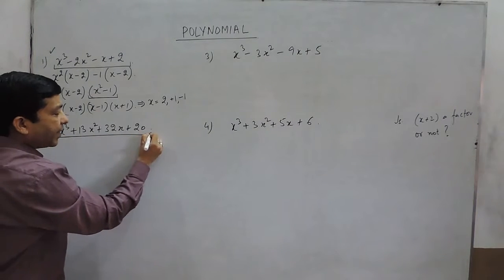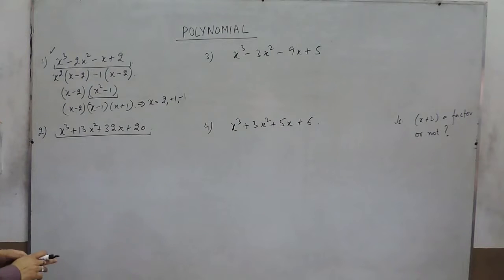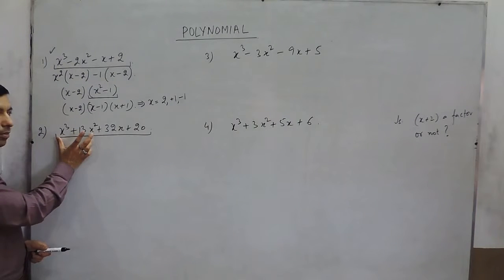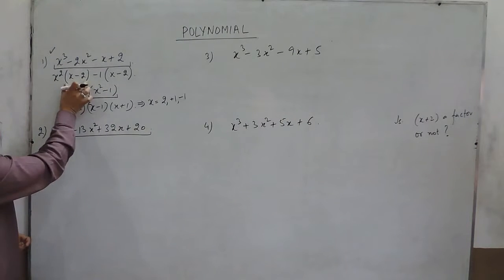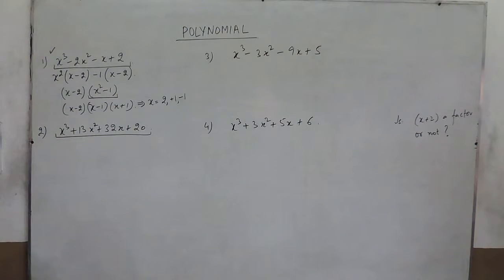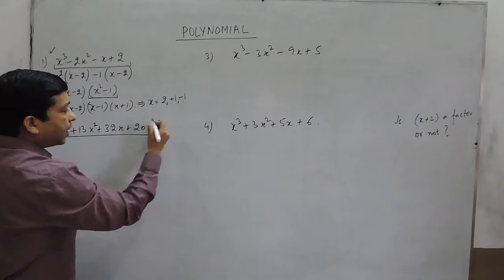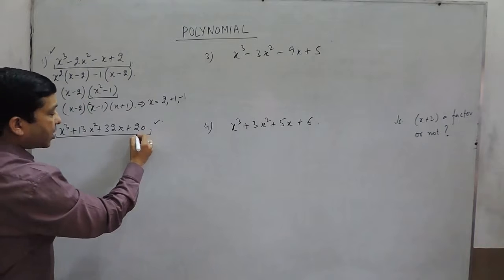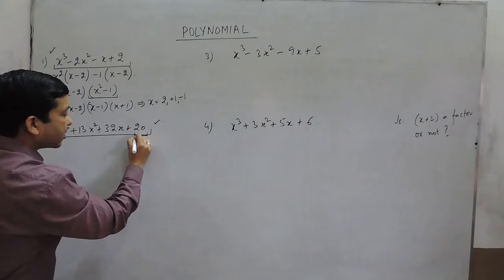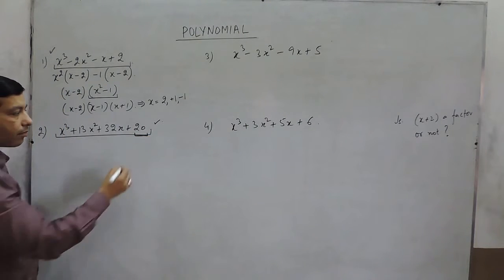But if in case we get a polynomial like this, where there is nothing common in the first 2 terms and there is nothing common in the last 2 terms, so that the remaining factor becomes same, solving this question is a bit tedious task. In this, first of all, we have to see the factors of the constant term.